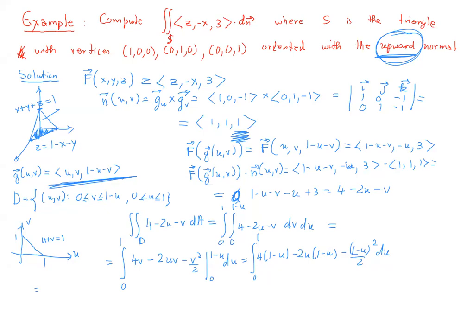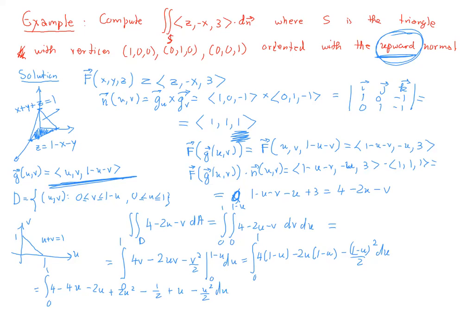So this will be what? It will be 4 minus 4u minus 2u plus 2u squared, and then you will have minus 1/2 plus u minus u squared over 2. Okay, I think we're good here. We have to take this from 0 to 1 du.